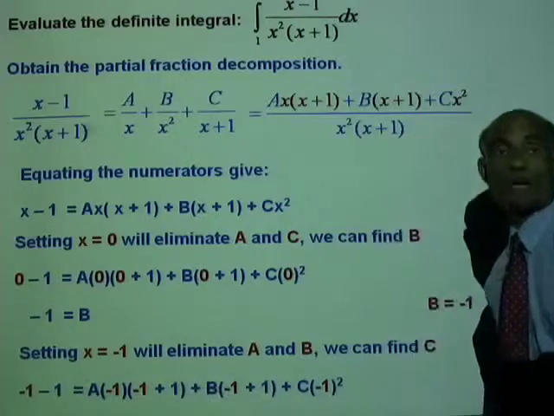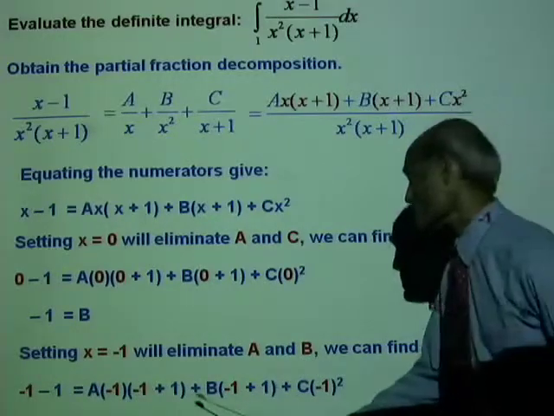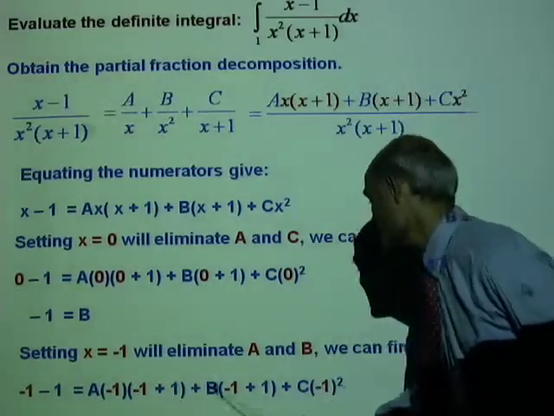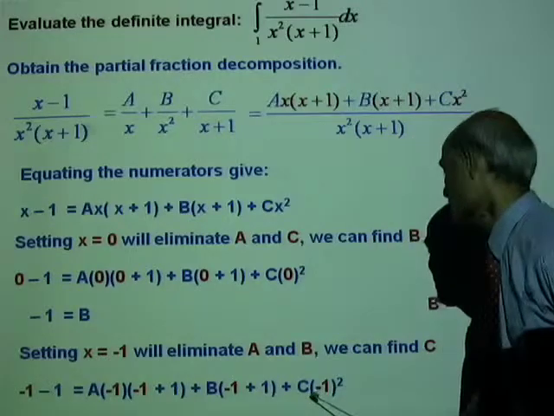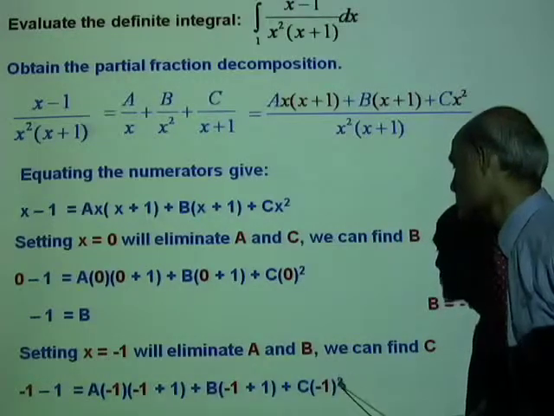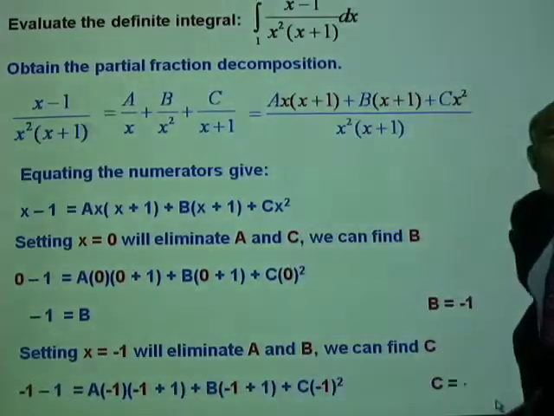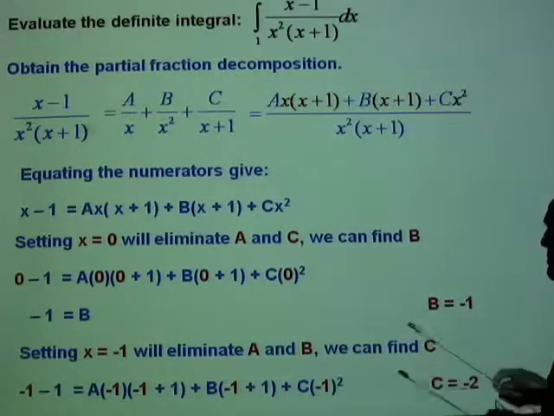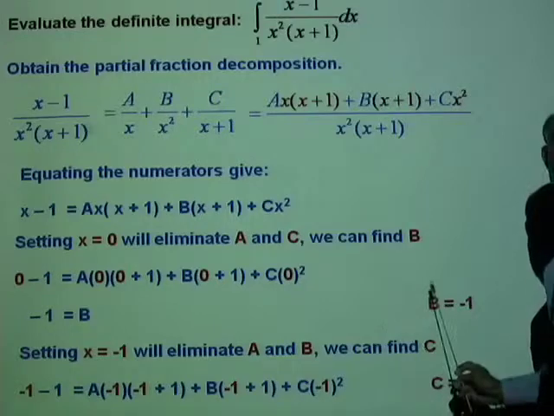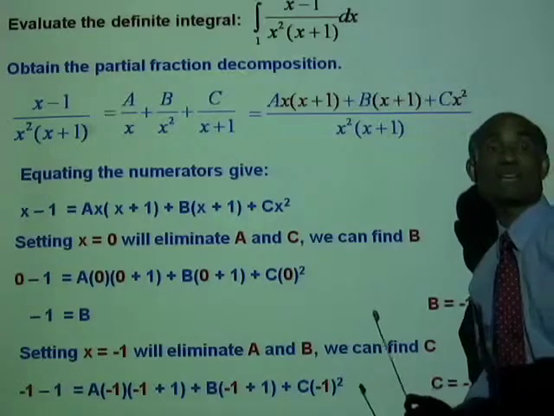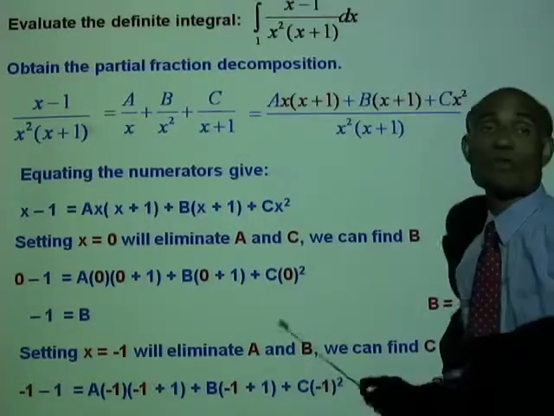Now solve that, what will you get? We have a eliminated, b eliminated, we will get -1 squared is 1, 1c equal to -2, or c equal to -2. We got the values of b and c, we now need the value of a.